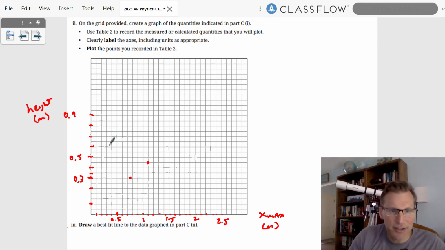We have 0.6 and 1.4. You can see this is definitely linear. 0.75 and 1.9. I think I'm doing okay. And 0.9 and 2.3.